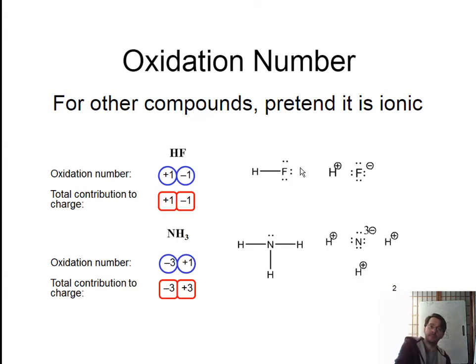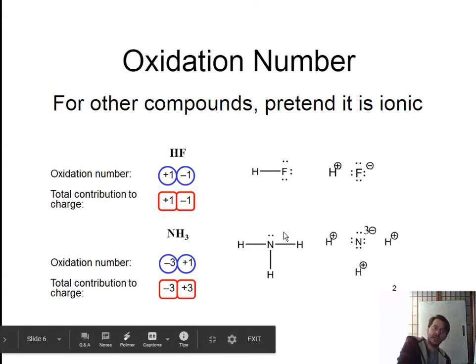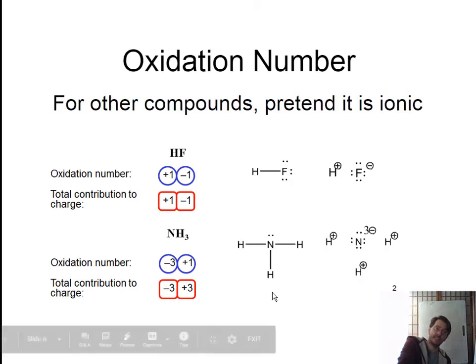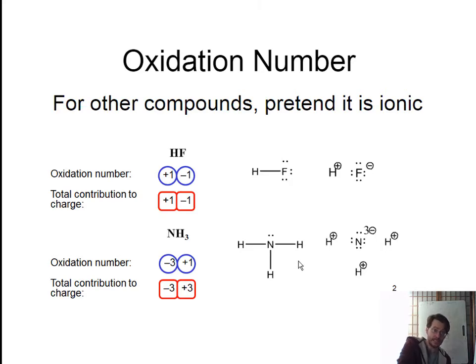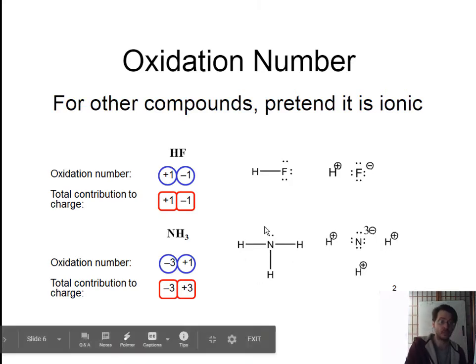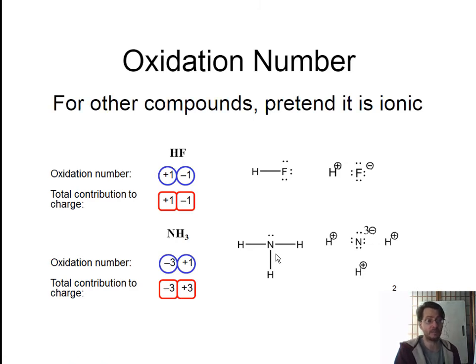Ammonia, on the other hand, we could conceptually imagine it as an H plus, an H plus, and an H plus attached to an N minus 3. And so the oxidation number of the N is -3. It isn't, but that's a conceptual way of imagining it. All right, and so we could talk about how the oxidation number of the nitrogen in ammonia is -3.